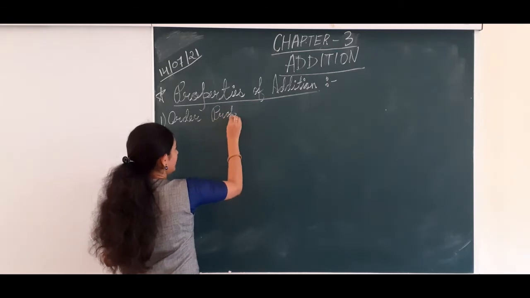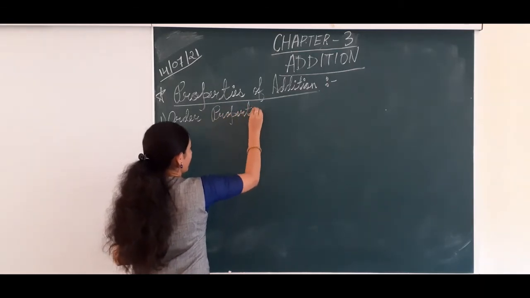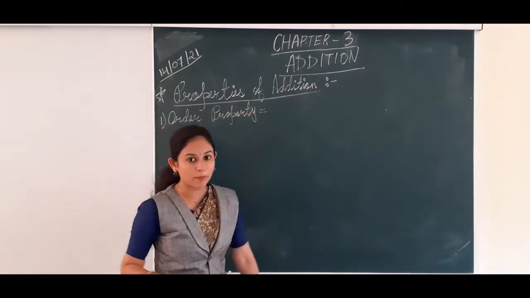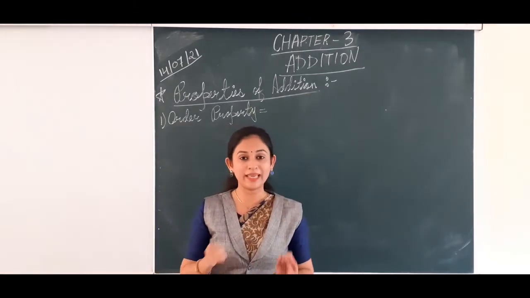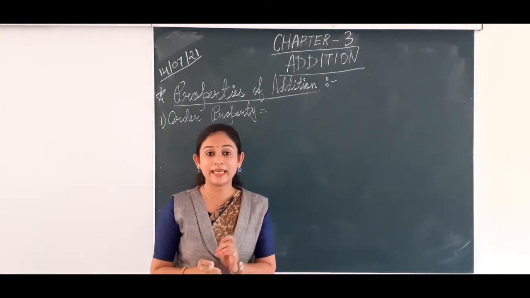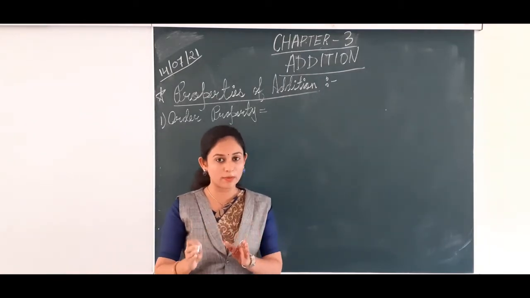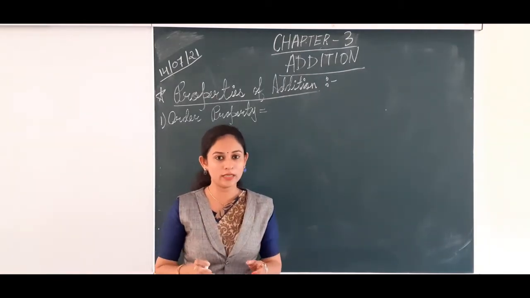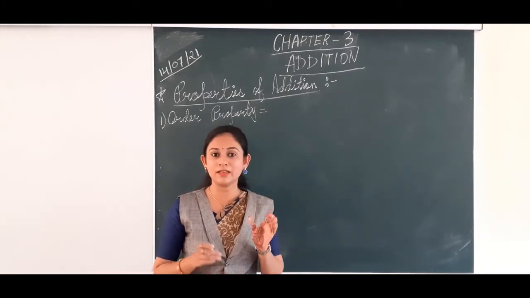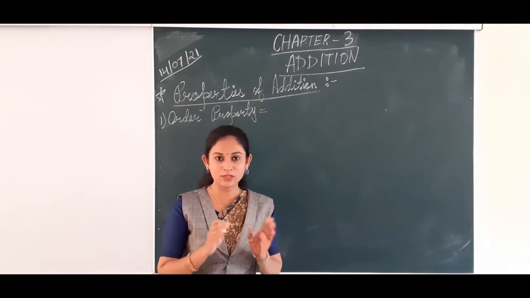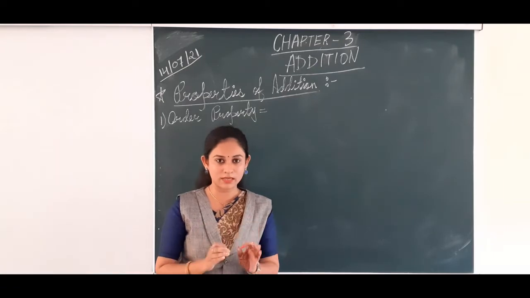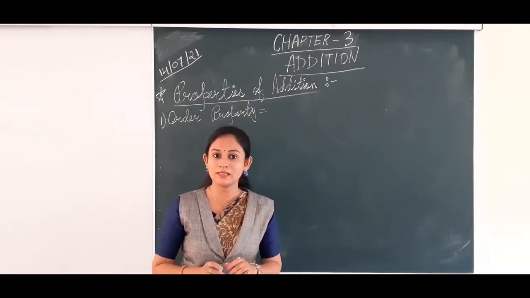Now what is there in order property? Order property means that we can add two or more numbers in any order. Their sum remains the same.